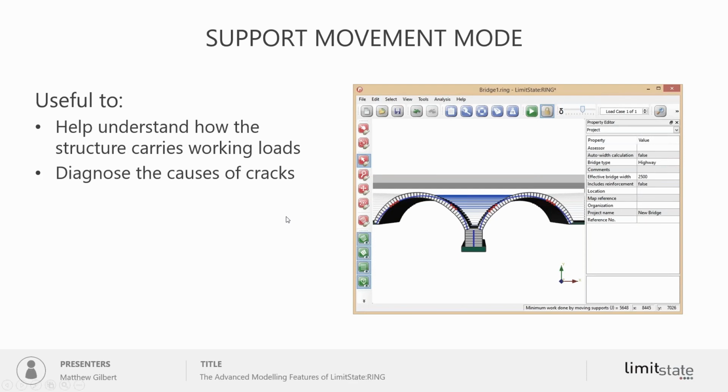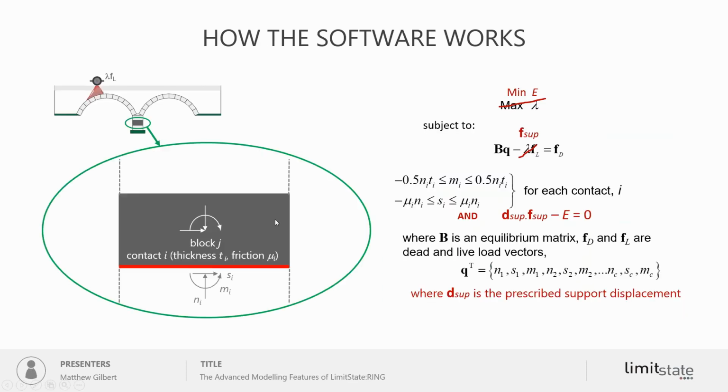Just before I get on to an example, I'll just, for sort of completeness, show a slide which shows how the formulation is changed to deal with that. Actually, it's changed in a very, very minor way.